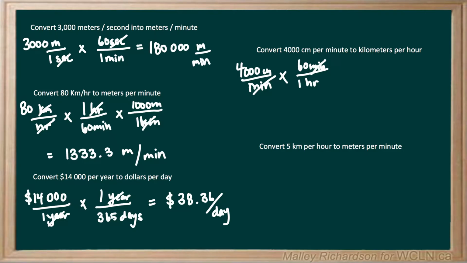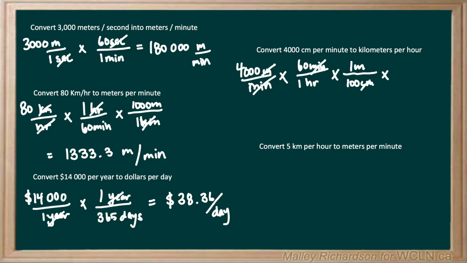But now we need to change centimeters into kilometers. We don't know a clear relationship between centimeters and kilometers, but we do know a relationship between centimeters and meters. We know that there are 100 centimeters in every meter. So we'll multiply this by 1 meter over 100 centimeters. Our units of centimeters cancel out, and we're left with meters per hour. But because we want kilometers per hour, we have to change these meters into kilometers.